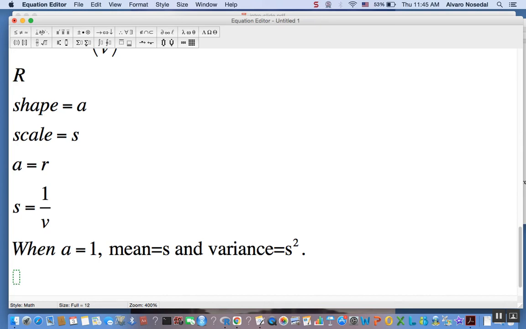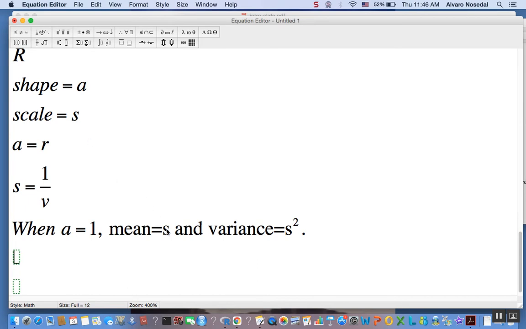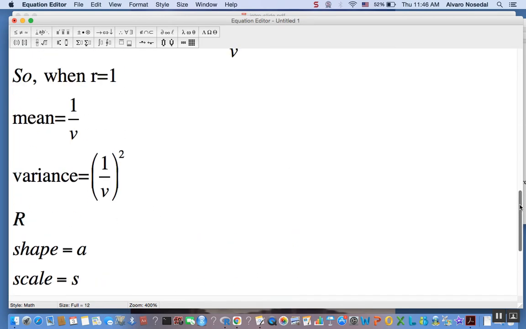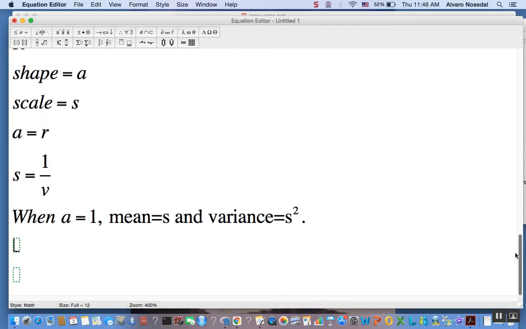But we're going to be doing things the way R does things, so we're going to be using that scale parameter instead of v. Let's see what happens when s equals 1. Note that if the scale parameter equals 1, that's equivalent to v being 1 as well, so we're going to have a mean of 1 and a variance of 1.